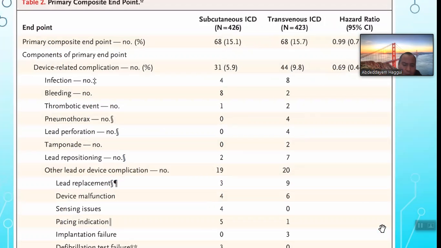So, in terms of operative complications with S-ICD, we observed fewer infections, fewer thrombotic events, less lead displacement, zero pneumothorax, zero perforation, and zero tamponade. But more bleeding was observed, maybe related to the richly vascularized anatomical region and to the relatively large can of the device compared to the transvenous ICD.